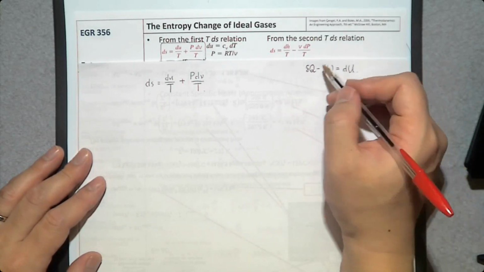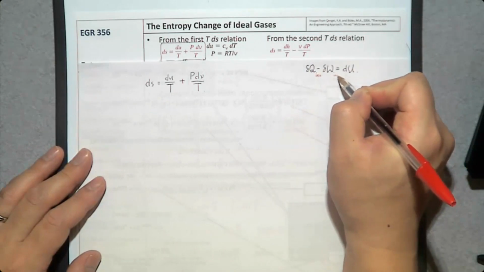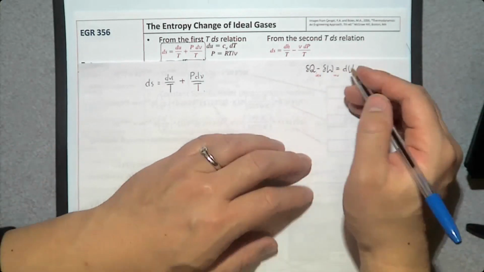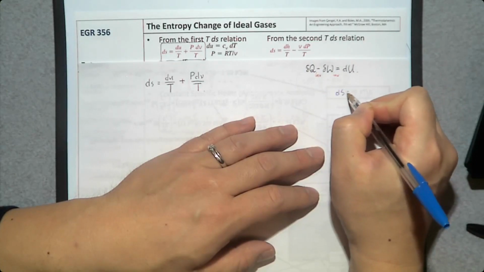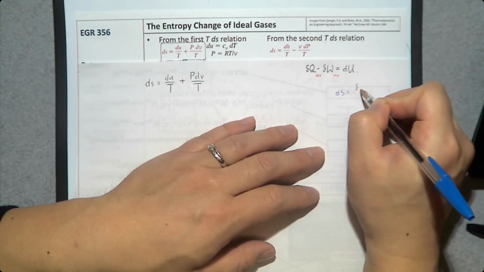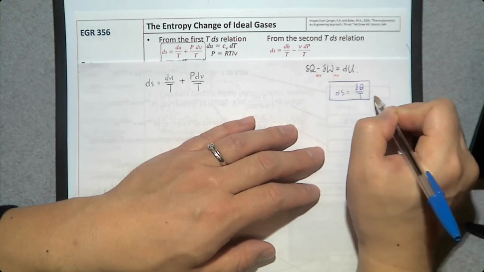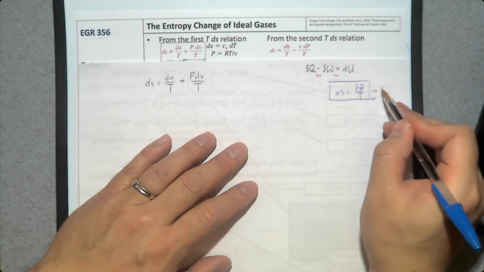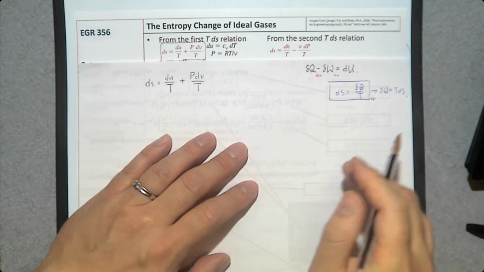If we take this in a reversible system, then by the definition, ds is del Q over T. That is the definition of entropy. Then we can say del Q is TdS. Yeah, we can do that.